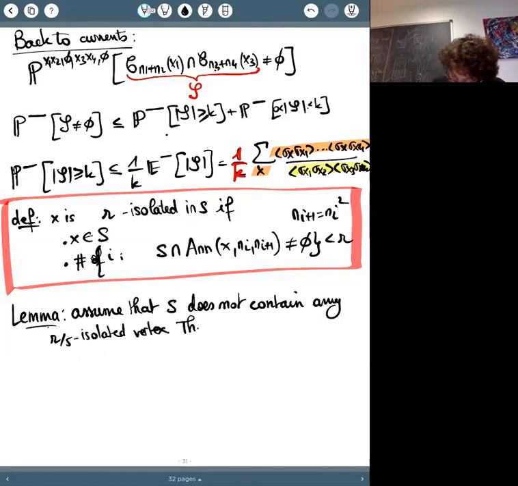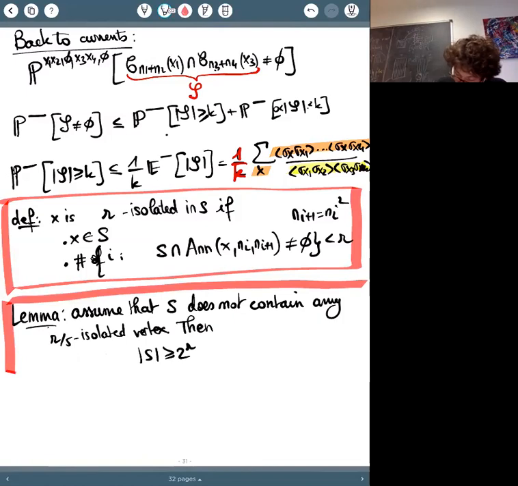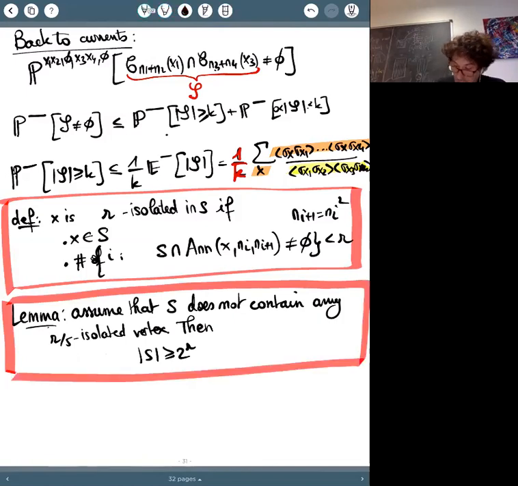Then I claim that the cardinality of S is larger than 2 to the R. That's the lemma. So in order to have small cardinality, you need to have isolated vertices.